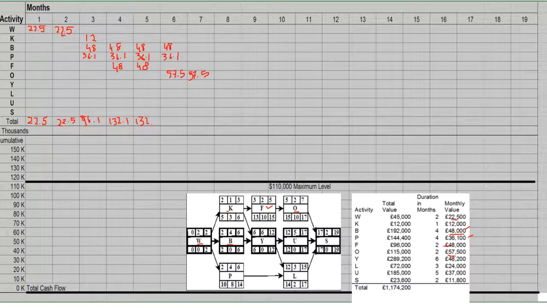Obviously we have not completed the chart yet, but we can see the total expense in month 5 of this project. It's 141.6.